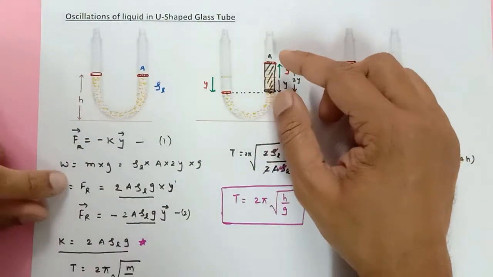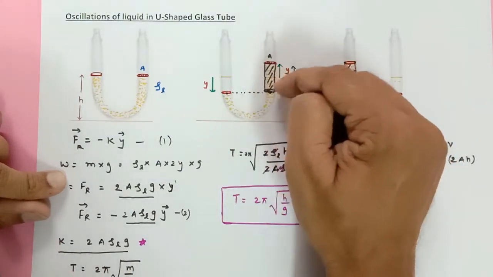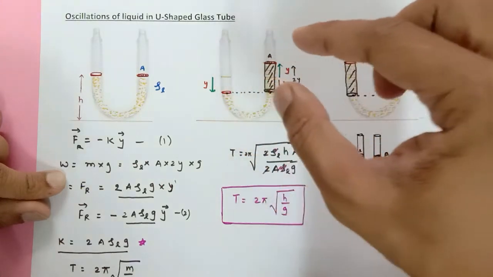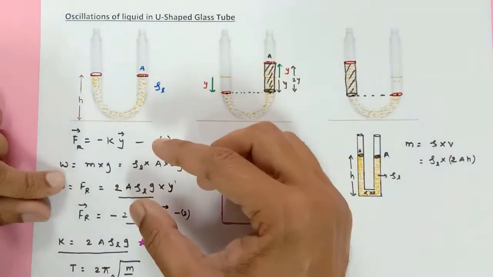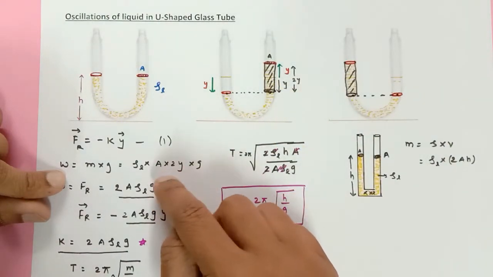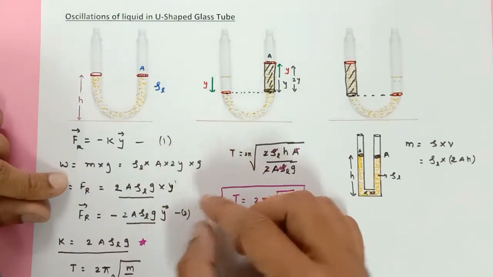So people, first of all, learn about which is the restoring force. Find out that restoring force, like over here, the weight of this liquid column was able to bring the entire liquid to its own place. So the weight of this liquid was the restoring force. Now you have to find out whether that force is proportional to the first power of displacement and opposite to the direction of displacement. If it is so, it is an SHM.